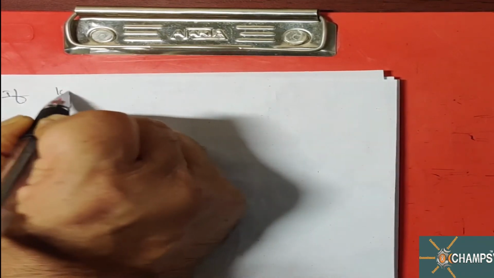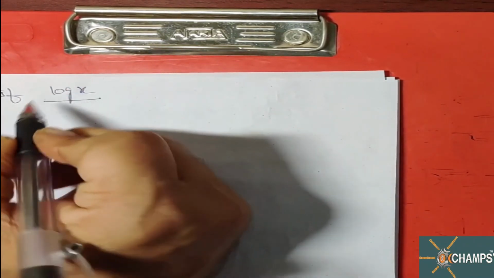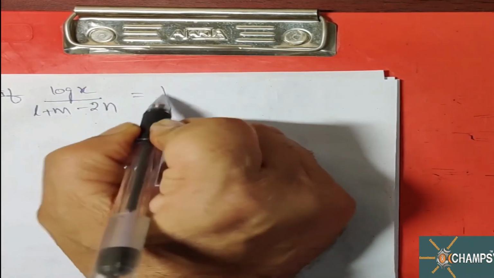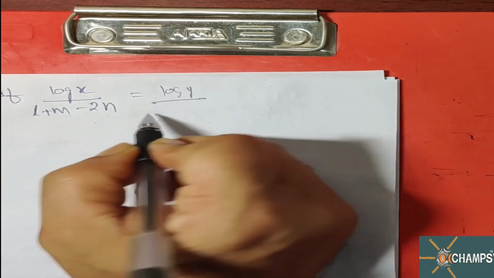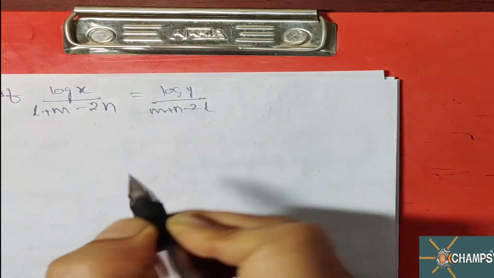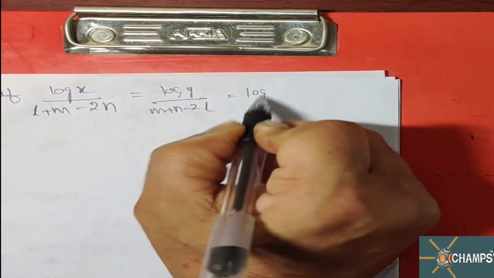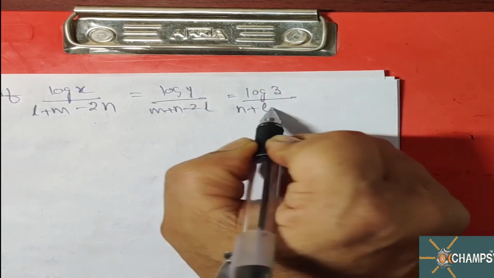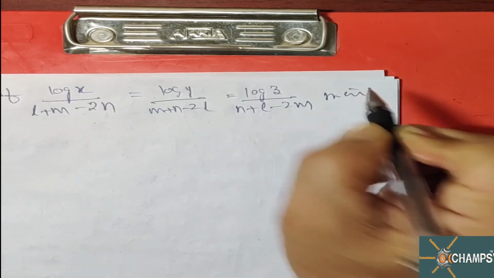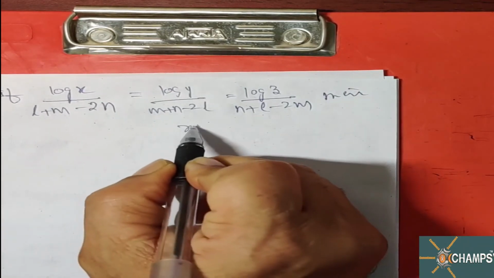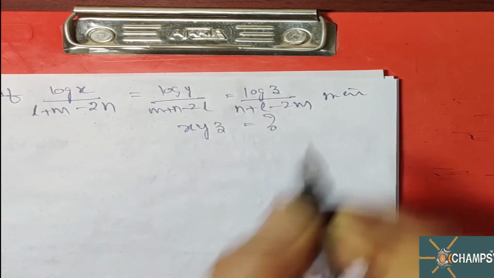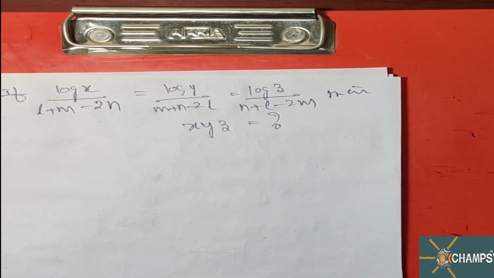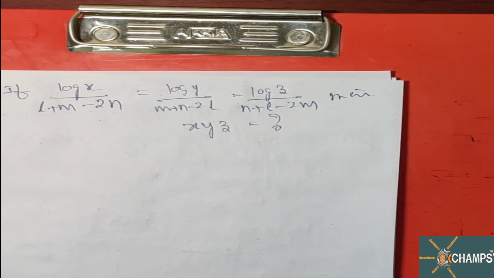If log x divided by l plus m minus 2n is equal to log y divided by m plus n minus 2l is equal to log z divided by n plus l minus 2m, then xyz is equal to question mark.